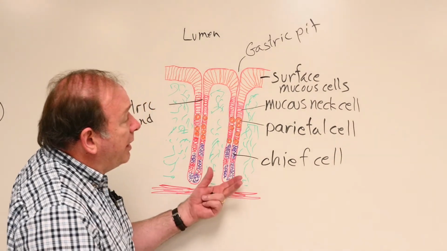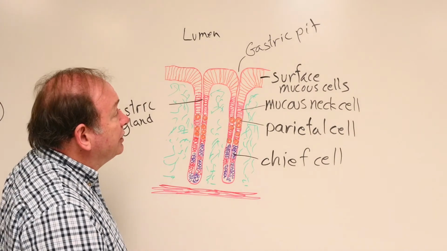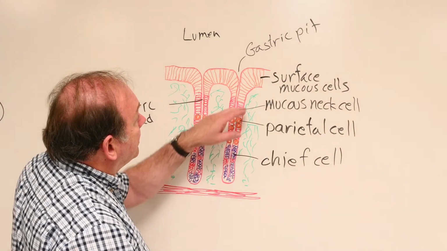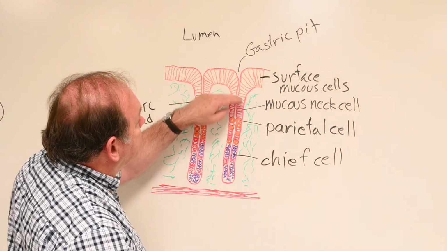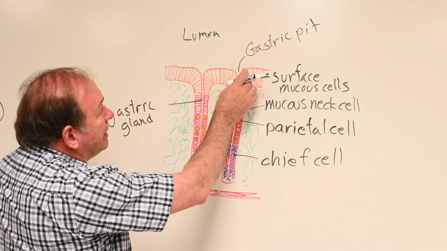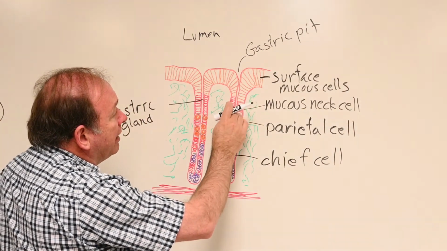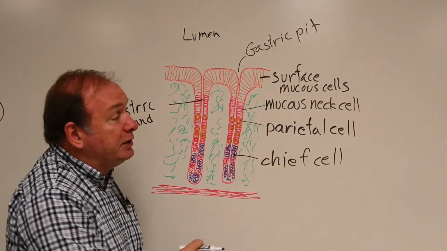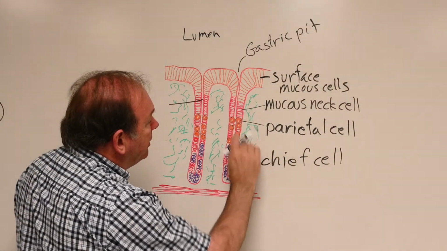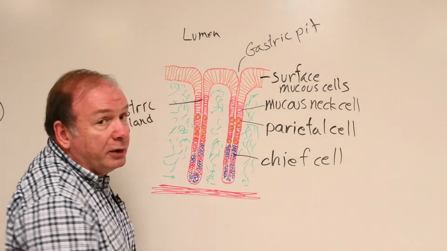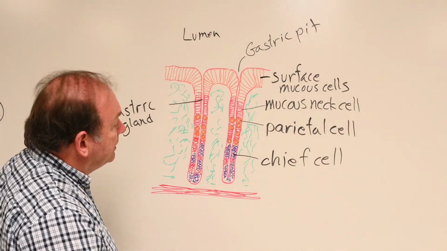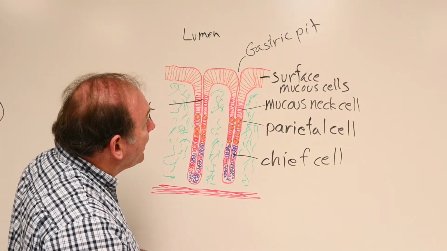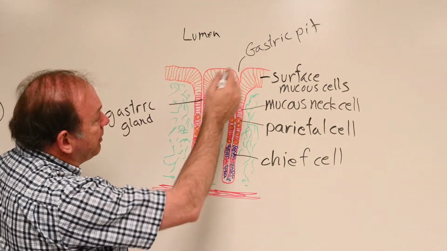So those are the primary cell types of the gastric glands. The surface mucous cells extend into the gland just here at the gastric pit. Then we have mucous neck cells, scattered in between these other active cells, the parietal cells in the mid-reaches, and the chief cells down at the bottom of the gland. And as I mentioned, that's the epithelial layer.